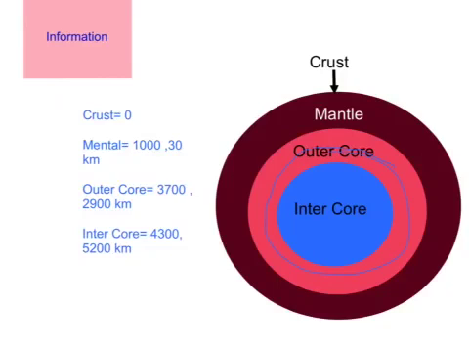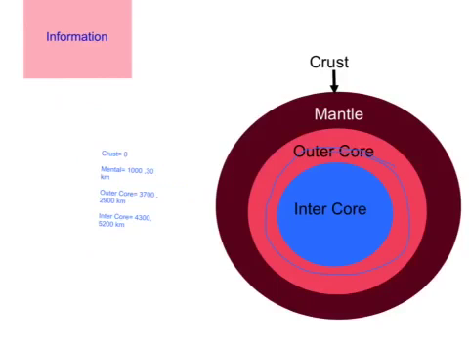That is the outer core. And the inner core is located right here. It's the middle part of the inner core. And that is what the layers of the Earth look like.